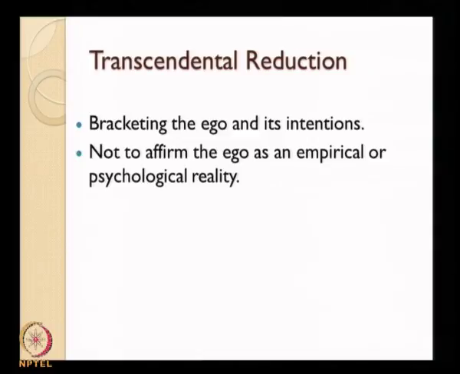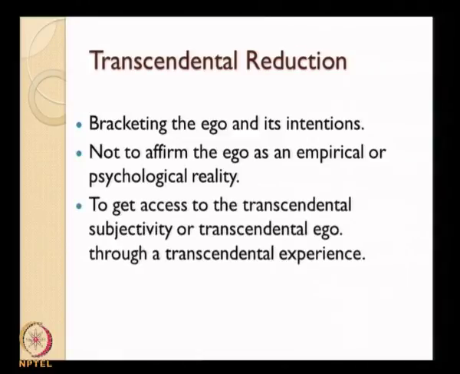So, the transcendental reduction consists of bracketing the ego and its intentions, not to affirm the ego as an empirical or psychological reality, to get access to the transcendental subjectivity or transcendental ego through a transcendental experience.